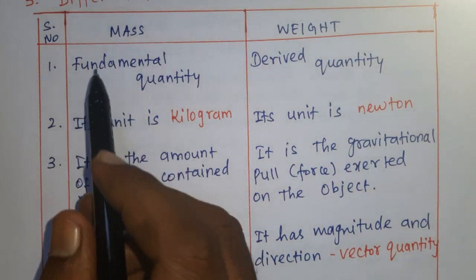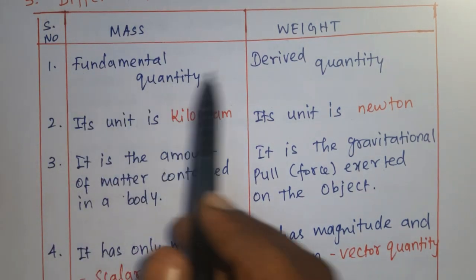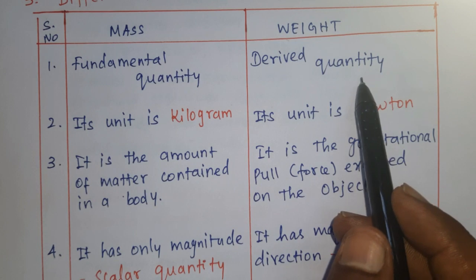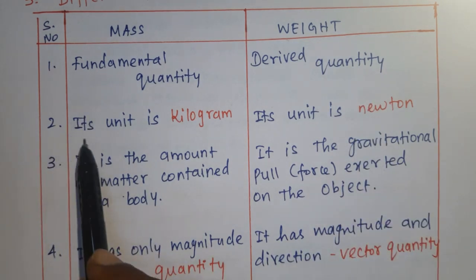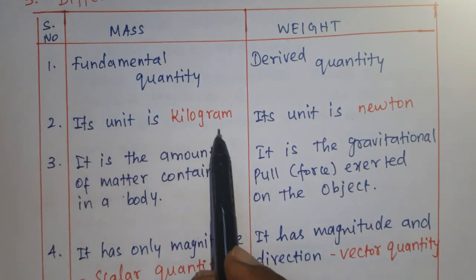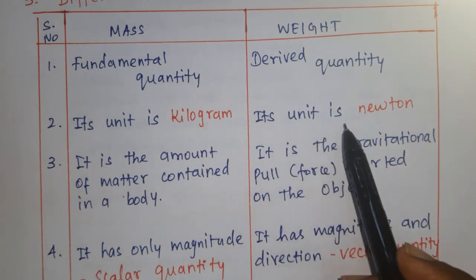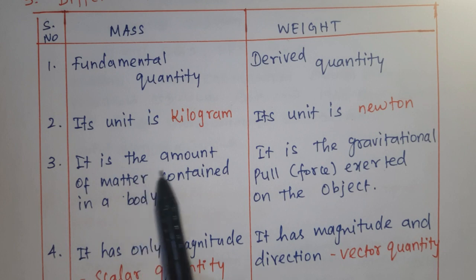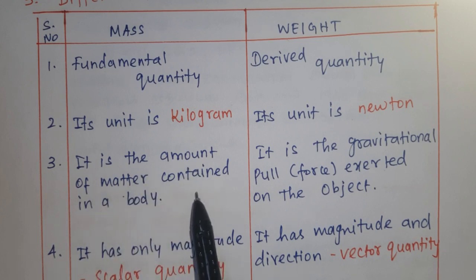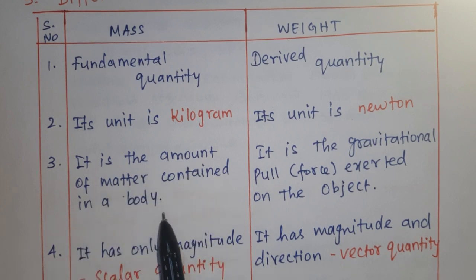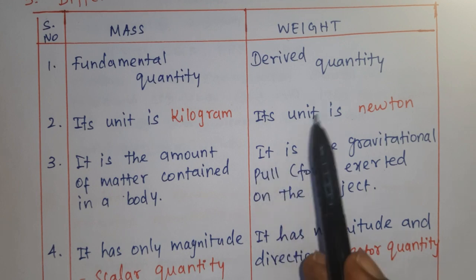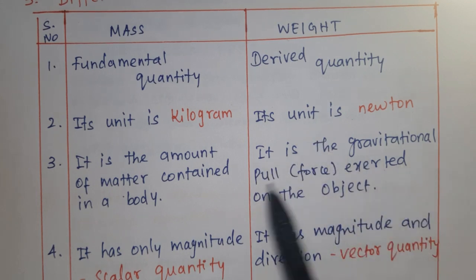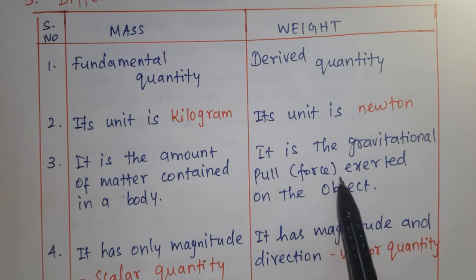First point, mass is a fundamental quantity, weight is a derived quantity. Second point, the unit of mass is kilogram, the unit of weight is Newton. Third point, mass is the amount of matter contained in a body. For weight, it is the gravitational pull, nothing but force exerted on the object.